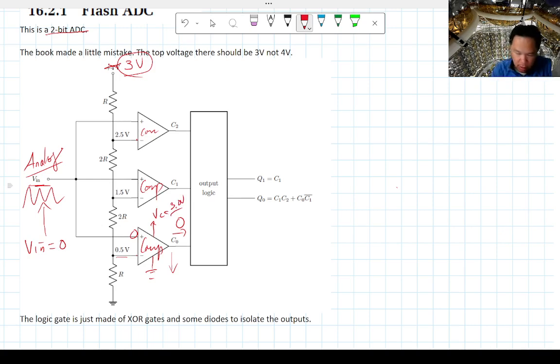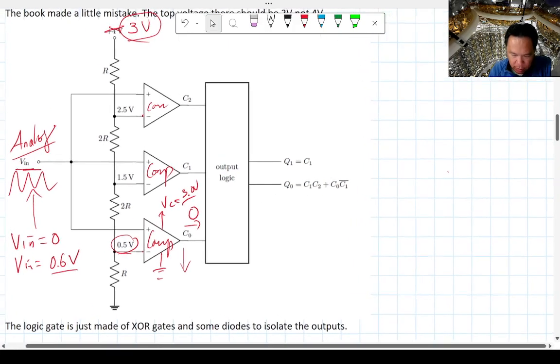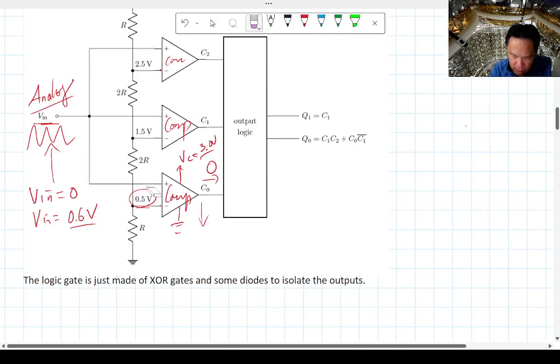All right, well, that's not that interesting. That's going to happen until you cross this 0.5 volt threshold. So I'm going to stay away from that threshold. I'm going to talk about what happens if you're around that threshold. Let's say I get to 0.6 volts. Now, 0.6 volts, 0.6 up here.